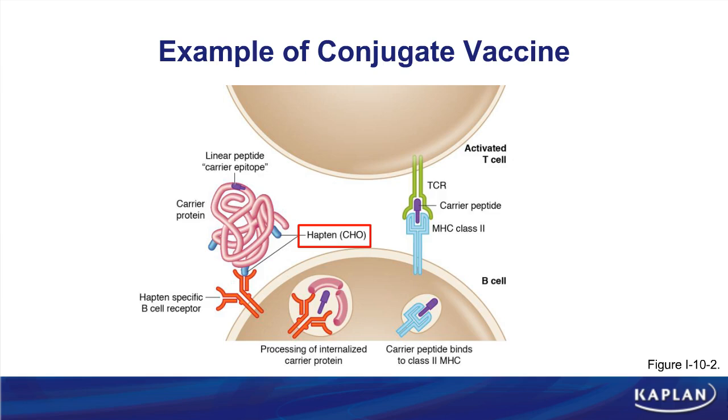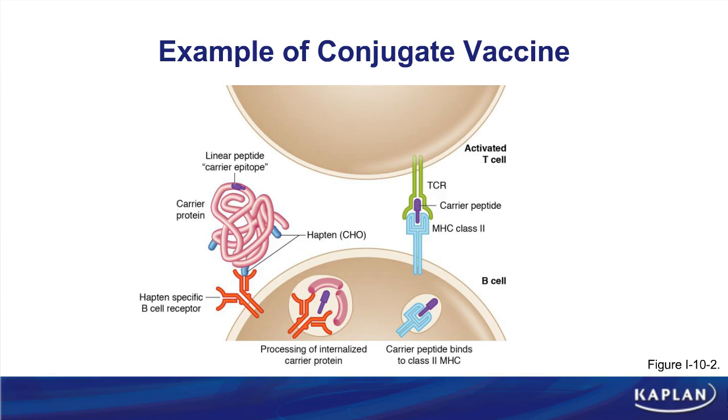But because they're linked to this huge carrier protein, they can get processed and put onto an MHC molecule. Remember the exogenous pathway for antigen presentation that we talked about? So that's what's happening here. This antigen gets processed, and now we can present protein to a T cell, and that T cell then becomes activated and will now begin to give this B cell some cytokines to help it activate and proliferate and undergo class switching.